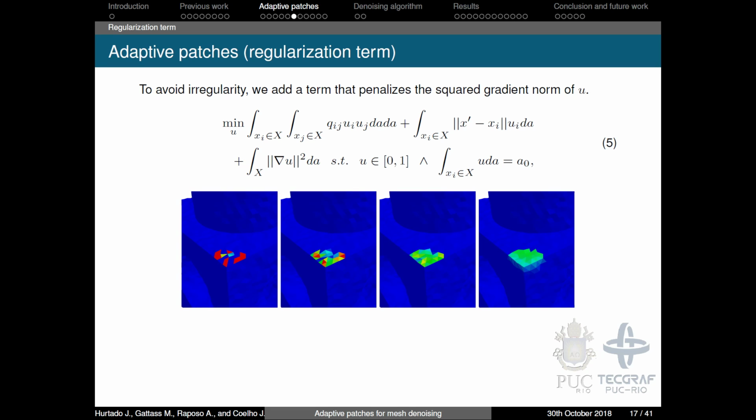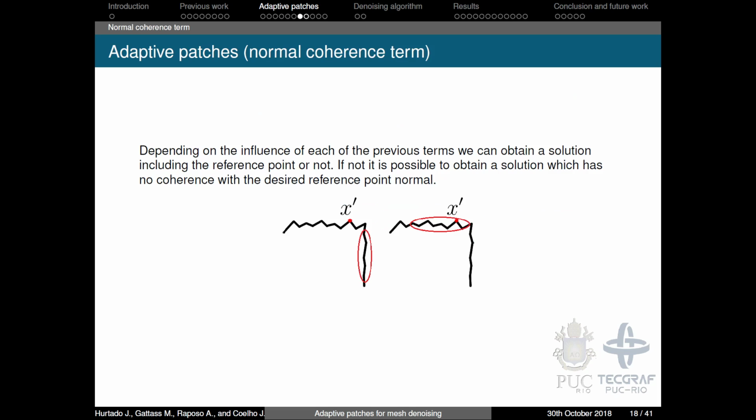So this is an example of increasing the influence of this term. We have another problem because we can have a solution that lies in the incorrect face of the shape, because this patch, which is in the incorrect face, has an average normal too different from the reference point.